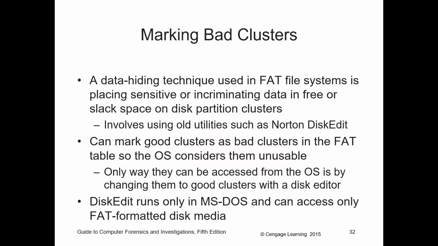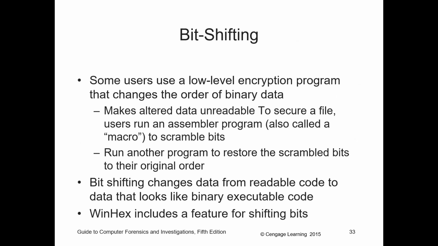It can mark good clusters as bad ones in FAT so that the operating system considers them unusable. Sometimes, where you're trying to hide your information, you just mark them as bad clusters. All these are ways of hiding them. However, they're telling us that forensic tools will always bring these hidden files or hidden sectors out as the most important ones.